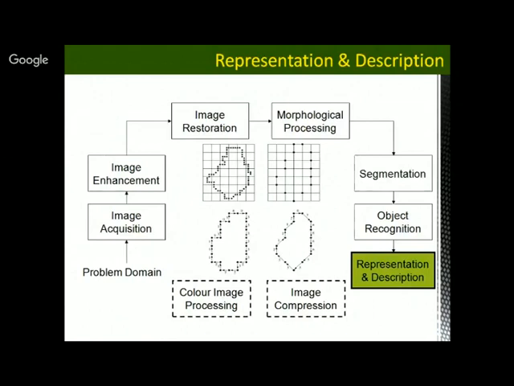So a representation and description like a chain code or a Fourier transform or a wavelet coefficient and whatnot, it could be a kind of list, a small matrix out of a larger image that we acquired. We might call it a kind of object level representation and description.